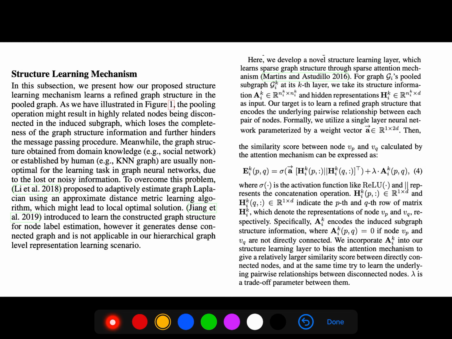For graph G_i's pooled subgraphs at its kth layer, we take its structure information and hidden representations as input. Our target is to learn a refined graph structure that encodes the underlying pairwise relationship between each pair of nodes. Formally, we utilize a single-layer neural network parameterized by a vector a.